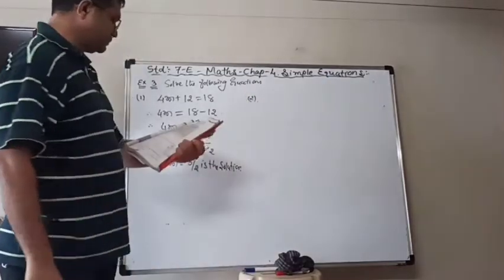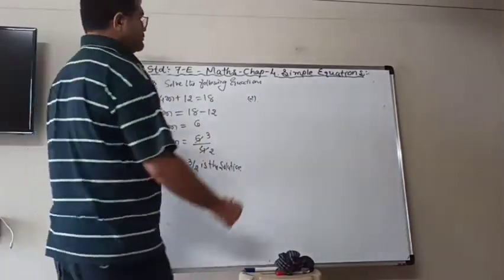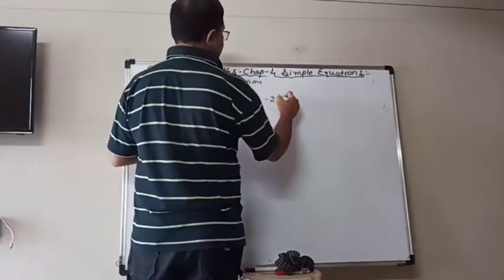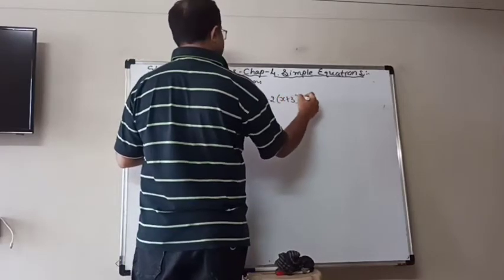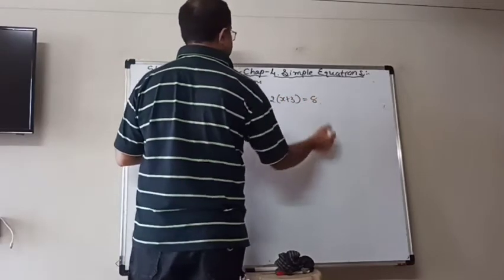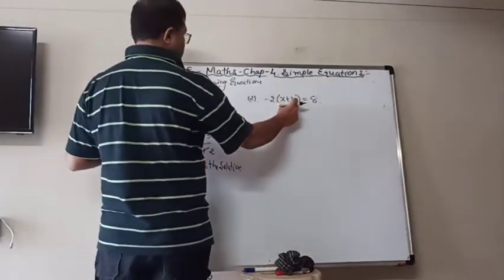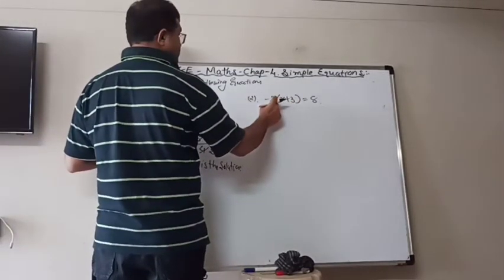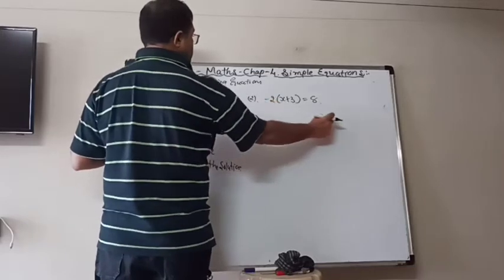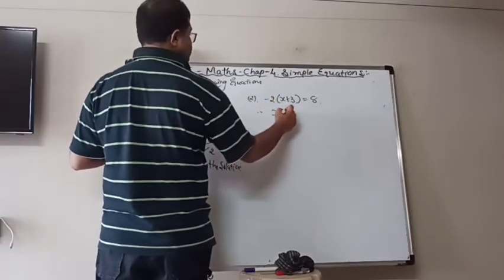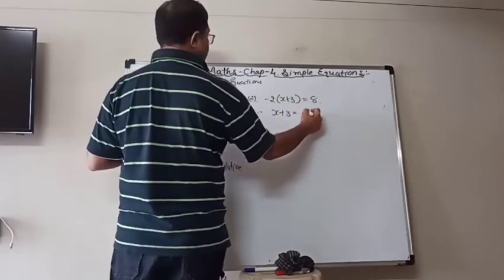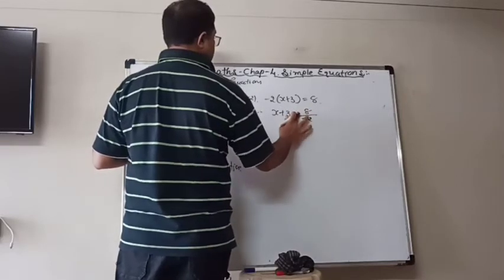Take another example. Minus 2 into bracket x plus 3 is equal to 8. So now to remove the bracket, first we have to take the number which is in the multiplication to the other side. As I told you, it will go in the denominator, 8 upon minus 2.